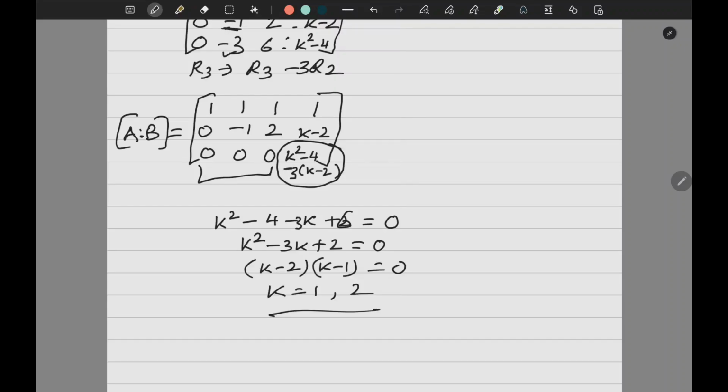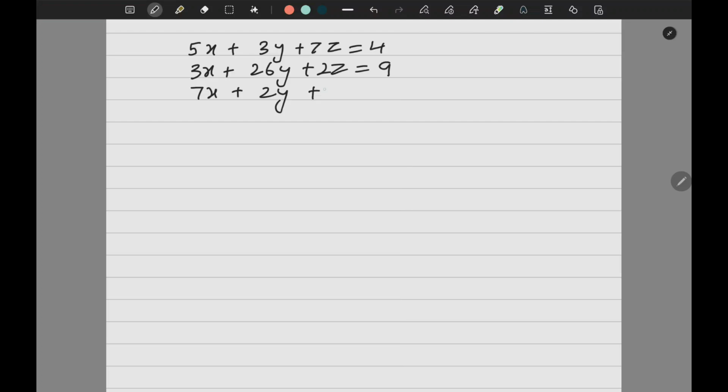Now the other category of question, which is very important to understand, can be used for non-trivial solution as well and for the consistency as well. Okay, now suppose I am asking: discuss the solution of 5x + 3y + 7z = 4, 3x + 26y + 2z = 9, 7x + 2y + 10z = 5.